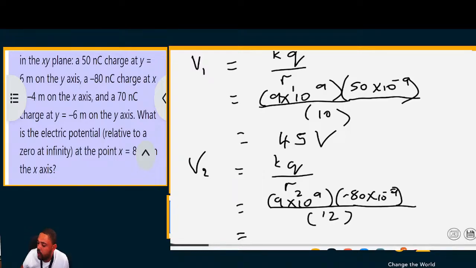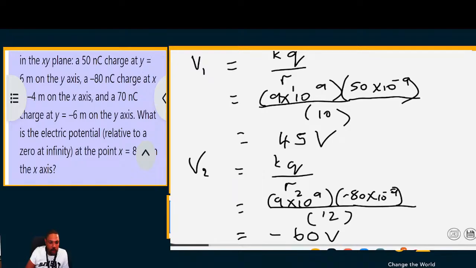And that gives us 9 times 80. First of all, it's a negative answer. 9 times 80, that's 9 times 8, 8 nines, that's 90 minus 8, that's 82, divided by 12, should be in the region of 60. Negative 60 volts. Let's just check quickly.